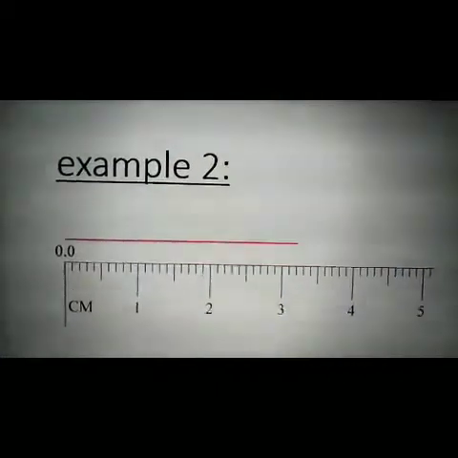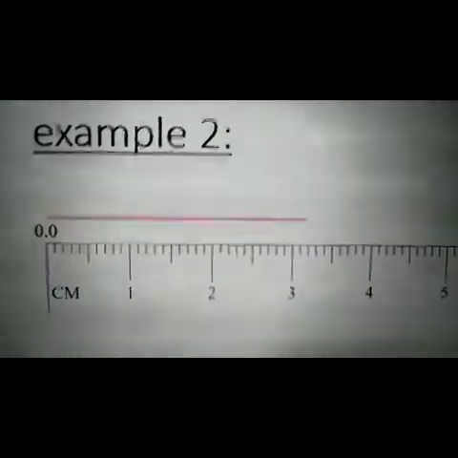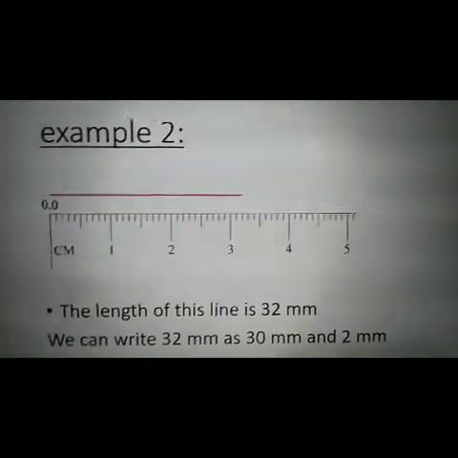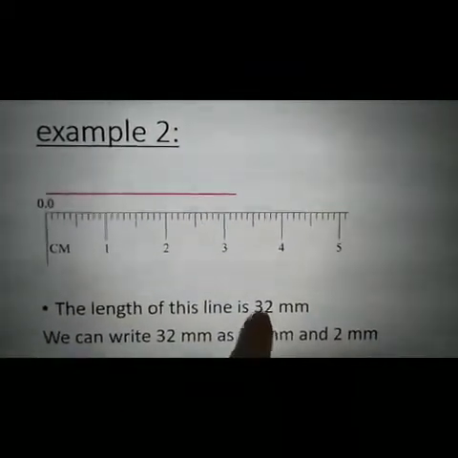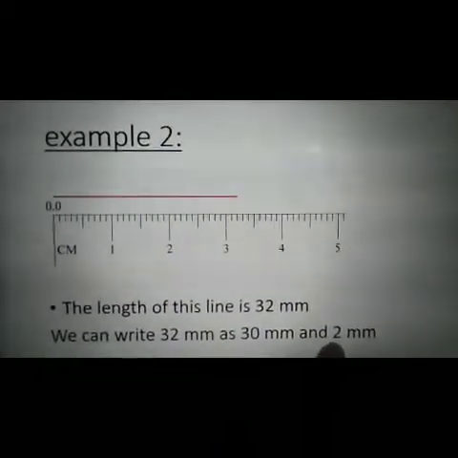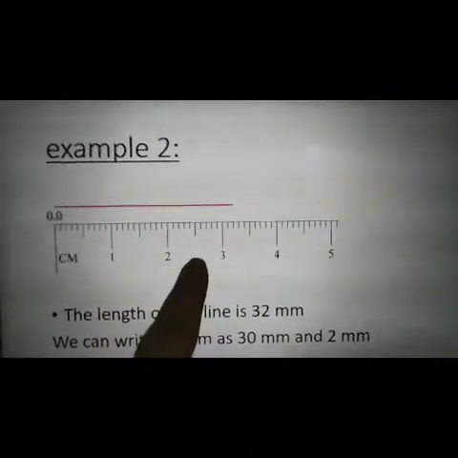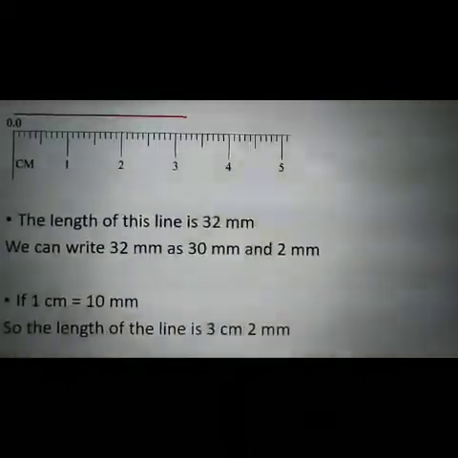So altogether, the length of this red line will be 32 millimeters. We can also say that 32 millimeters is 30 millimeters and 2 millimeters. Because again, we have 10, 20, 30, and 2.